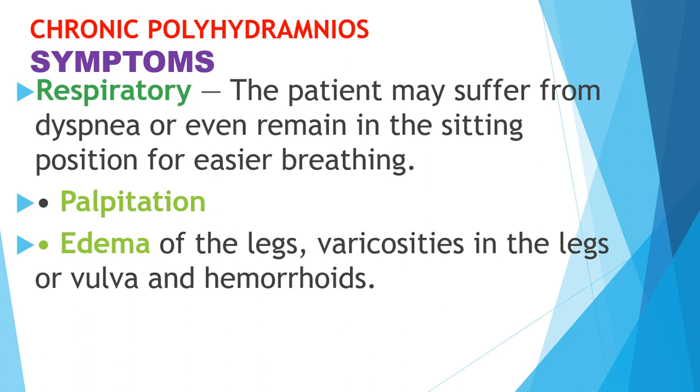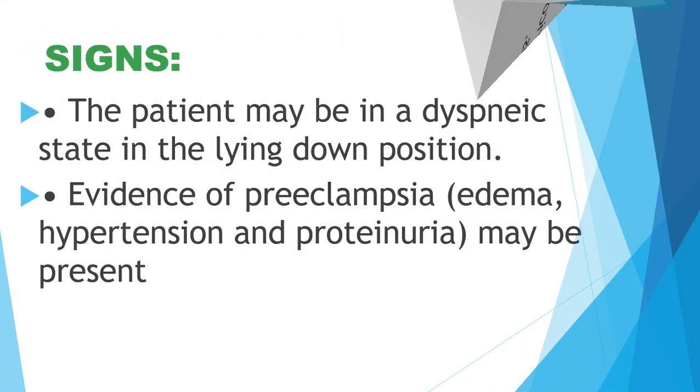That's why respiratory symptoms usually appear. Then, because of this excessive gravid uterus, the veins in the vulva and legs are compressed, so there is edema of the legs, varicosities in the legs or vulva, and hemorrhoids. So these are the symptoms.